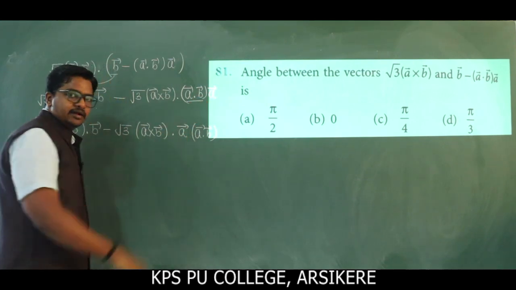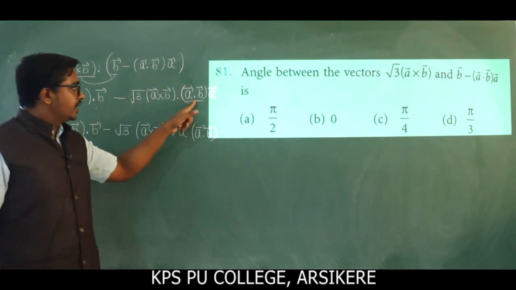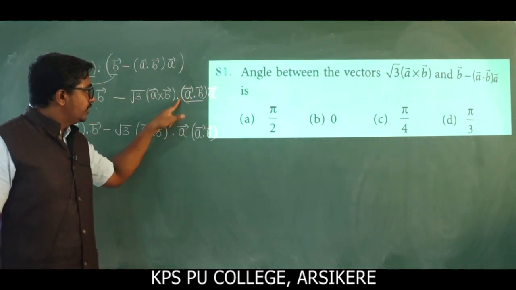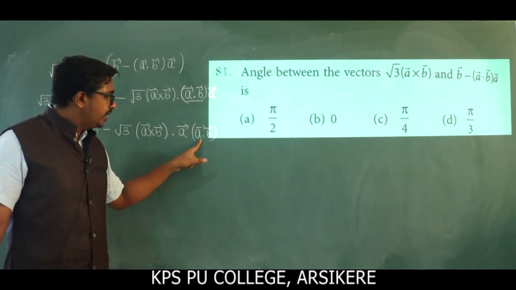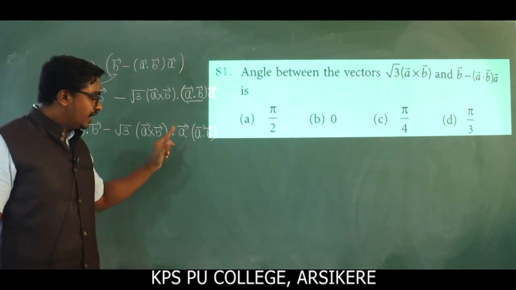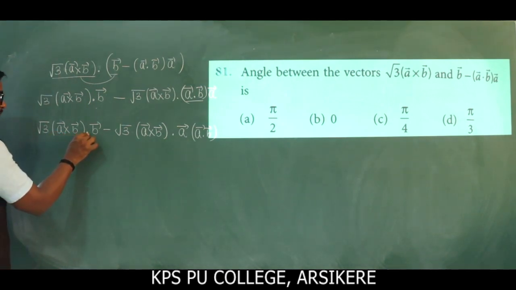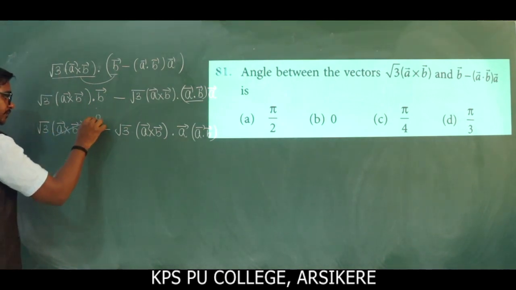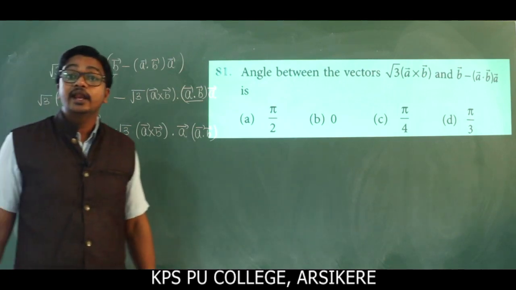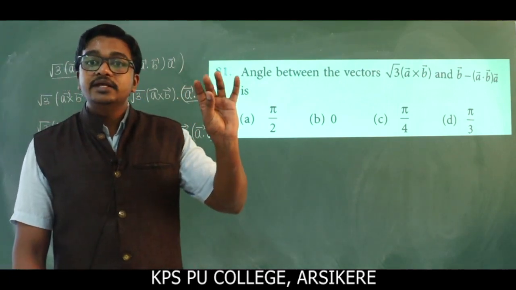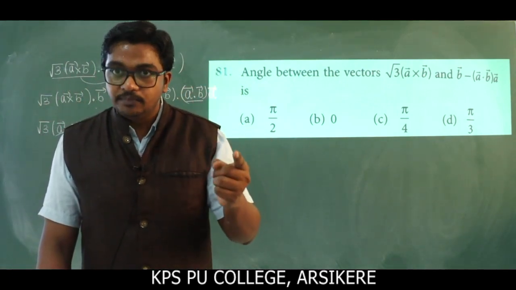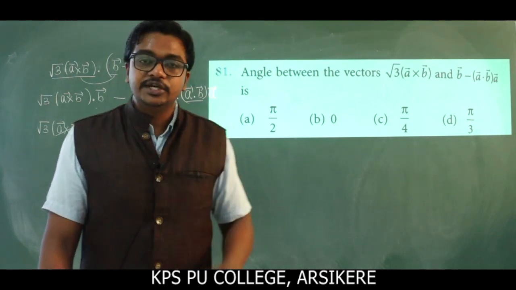Because a dot b is already a scalar and the other is a vector, we go with a cross b dot a. Here vector b is repeated two times, hence the scalar triple product a b c, when any one of the vectors is repeated, the value becomes 0.